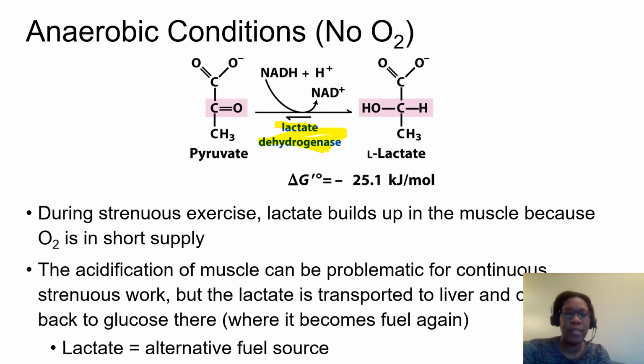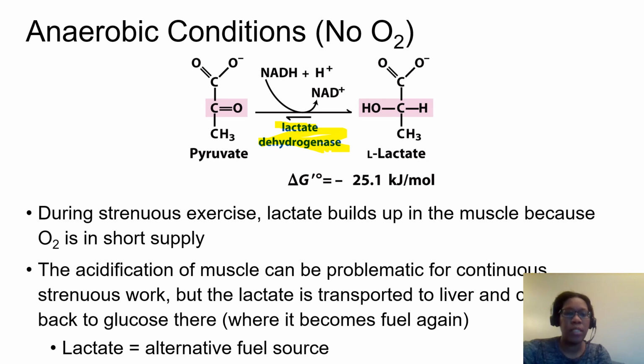It utilizes a dehydrogenase, and we remember that a dehydrogenase is an oxidoreductase. So we would generate NAD plus from NADH. And NAD plus is necessary because it can be used in glycolysis.